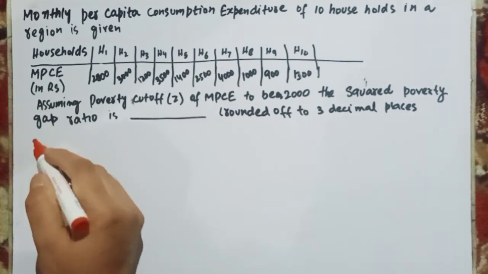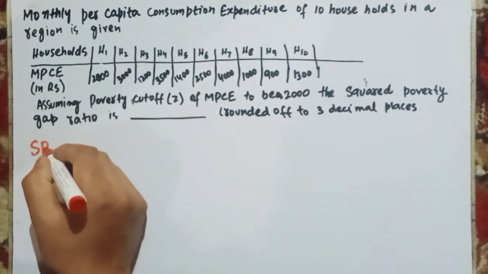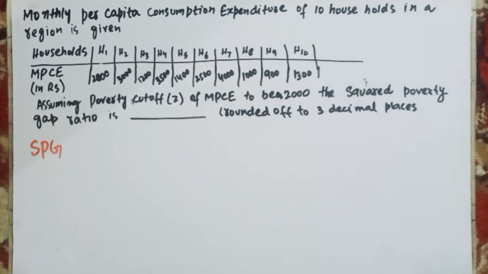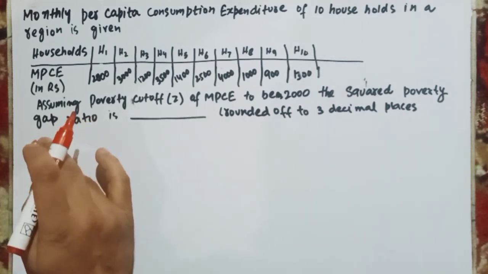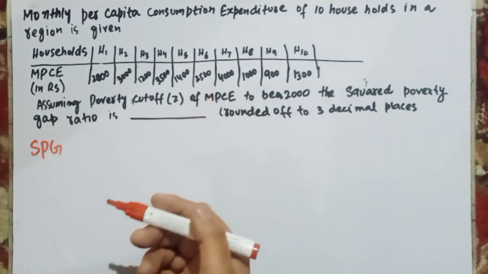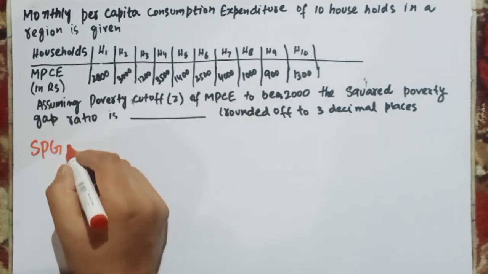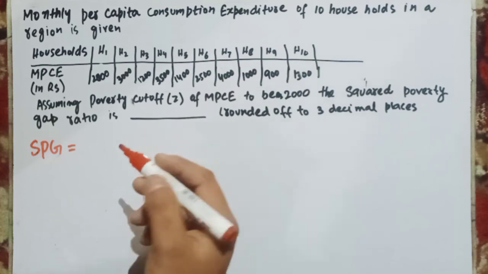Okay, how do we find the squared poverty gap? It is simply as we calculate the poverty gap ratio, as I have explained it in an earlier video. So I will put the link of that very video also in the description box here. So the formula is simple.